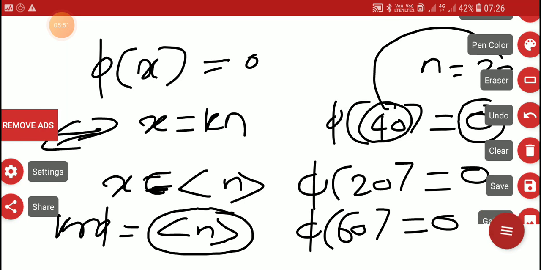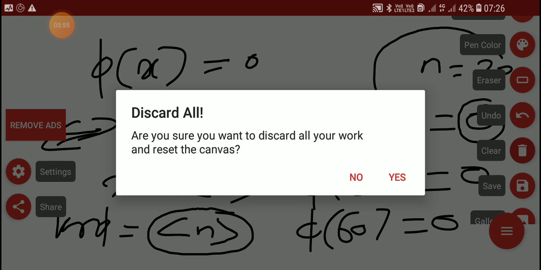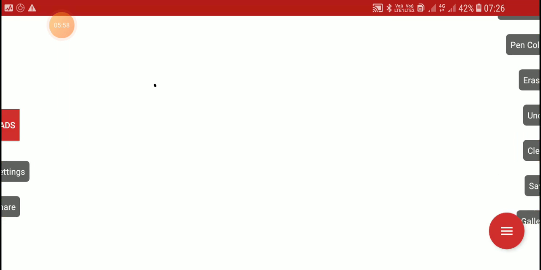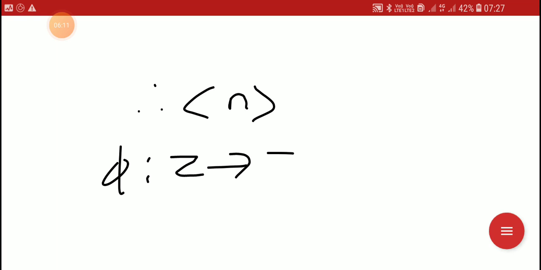And also we have that every kernel is a normal subgroup. Therefore, our set bracket n is a normal subgroup. And by the theorem, phi from Z to Zn is a homomorphism and bracket n is its kernel.